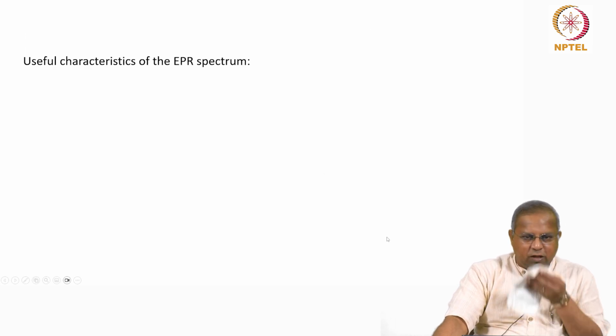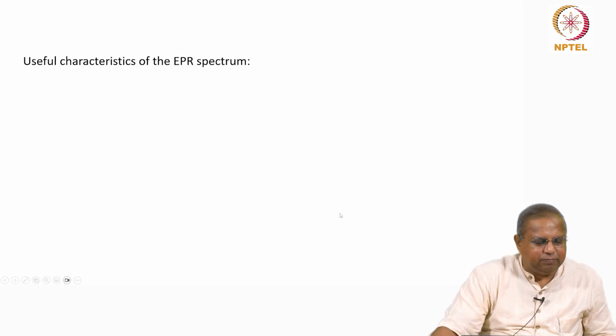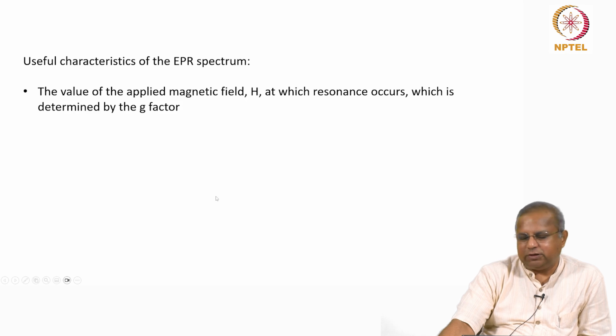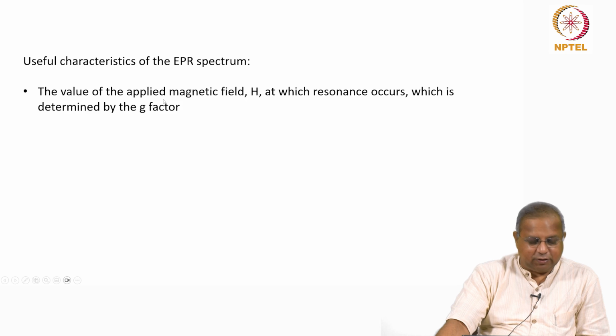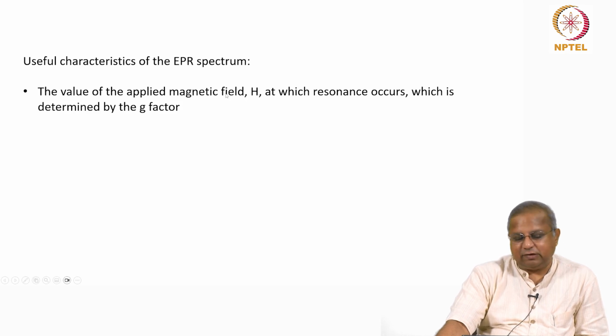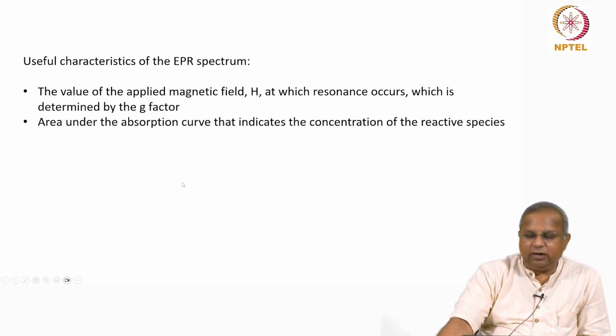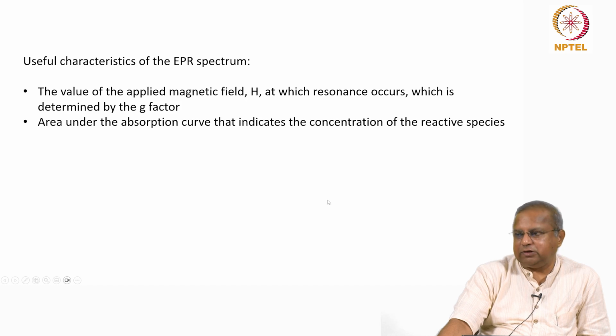And useful characteristics of the EPR spectrum are as follows. I'm not going to get into these, I'm just going to mention these. The value of the applied magnetic field H at which the resonance occurs, which is determined by the G factor, right? So that is one important aspect. The area under the absorption curve indicates the concentration of the reactive species.